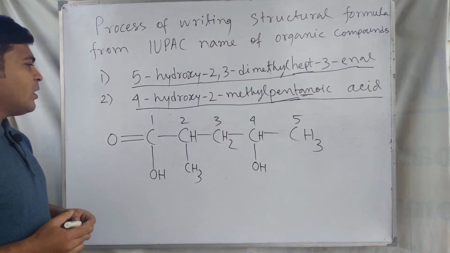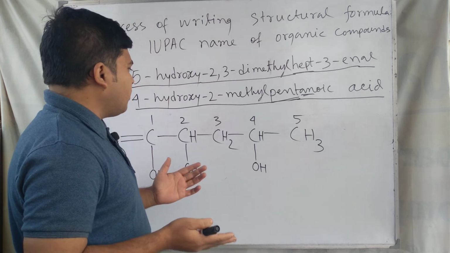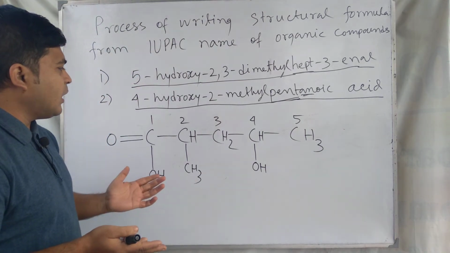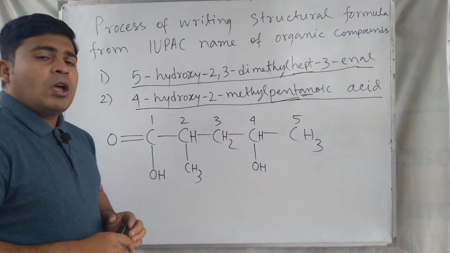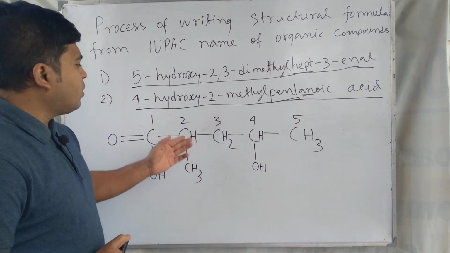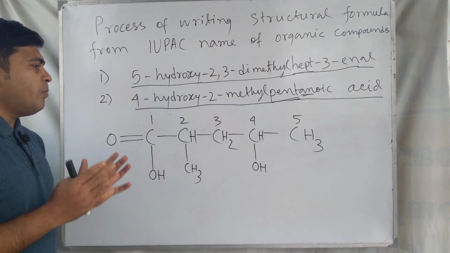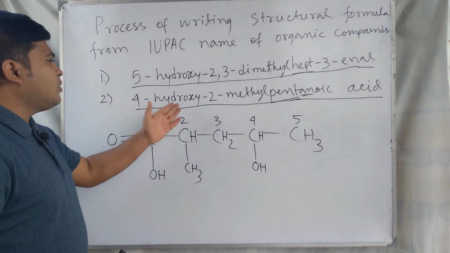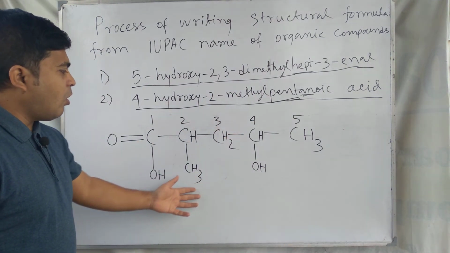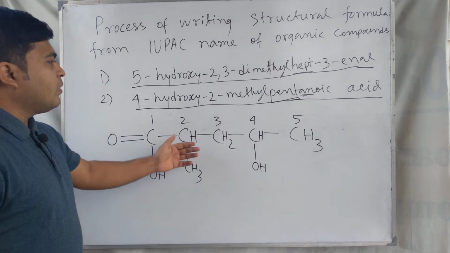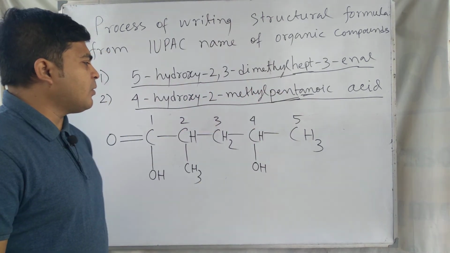And after filling all the deficiencies, the incomplete valencies of carbon by hydrogen, the structure is now complete, and the structural formula of this one is the structural formula of 4-hydroxy 2-methyl pentanoic acid.